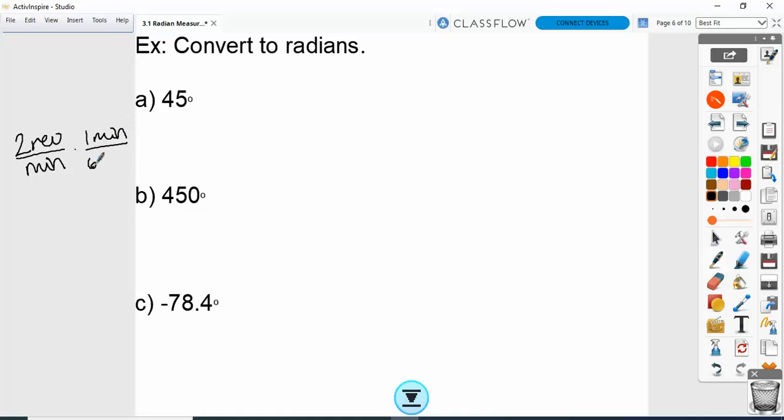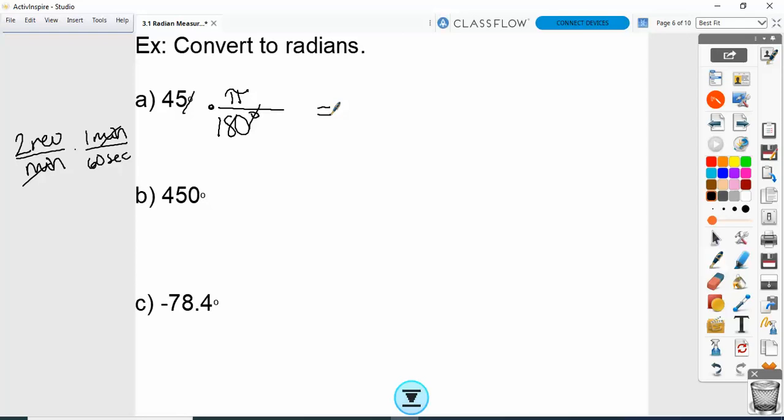Right. So the same idea is here. I have degrees, I want to get rid of them, and I want radians. And I know that pi radians is equal to 180 degrees. Why did I put my degrees on the bottom? So they cancel. You can write the word radian, but you do not have to.